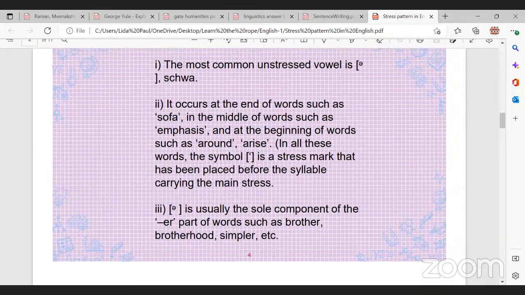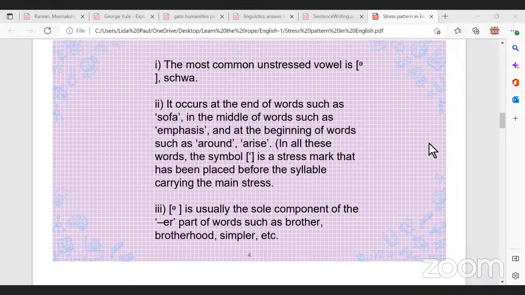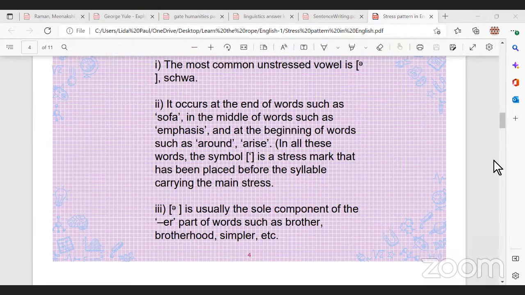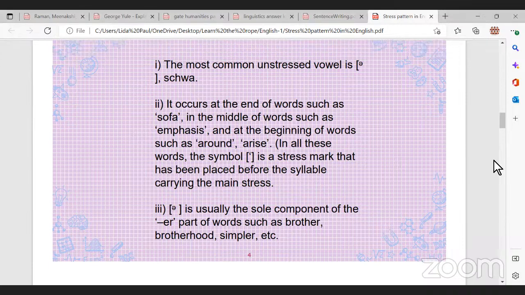You don't have to say brother or sister with a strong R. That's not required, right? You just say brother. Simpler. Teacher. The R sound is not at all articulated. There is this schwa sound. Okay.